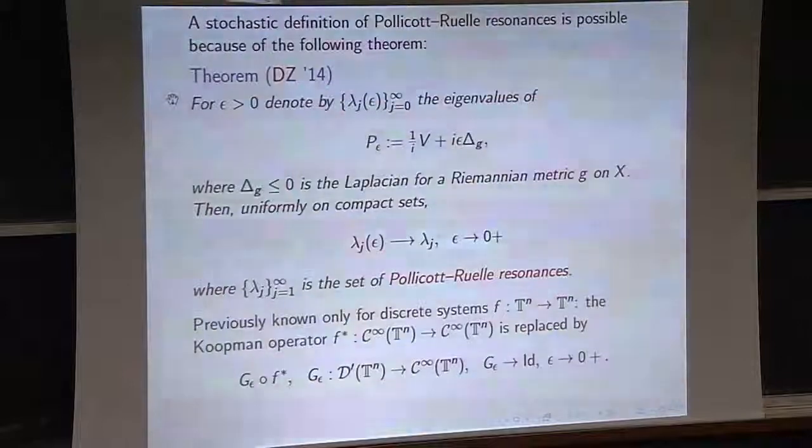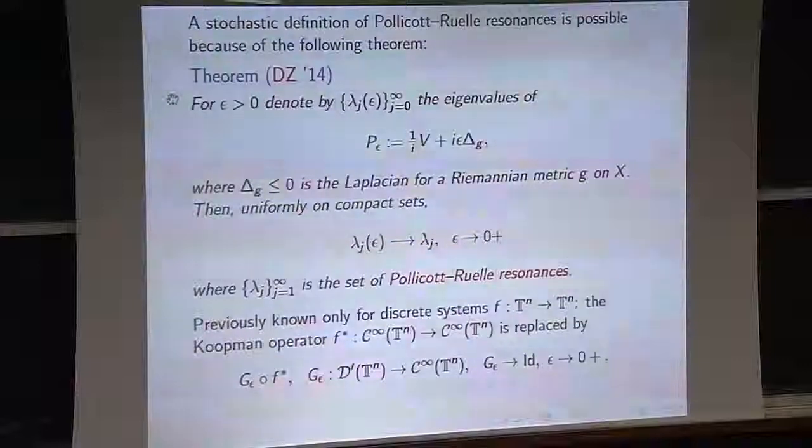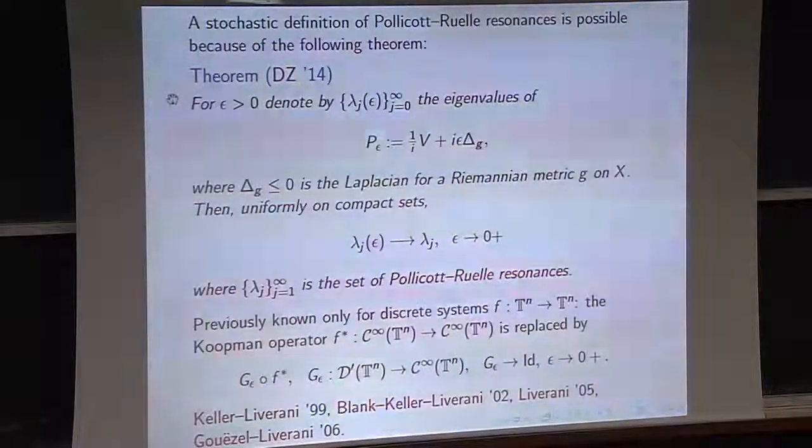Here you pull back by your function, and then you smooth it out at every step by some smoothing operator. And what was proved by Liverani and his collaborators, following some very general results with Keller, is that in this case you have this type of behavior.